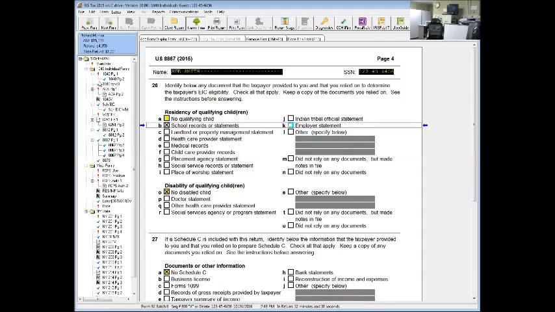Jim would like to use Jared for EIC. Is he able to take the credit? No. Why? Residency. He lives with mom. Okay, using the question above, can Fran claim Jared for EIC? Yes. Even though dad is claiming the dependency, he lives with mom, mom can get the earned income credit.